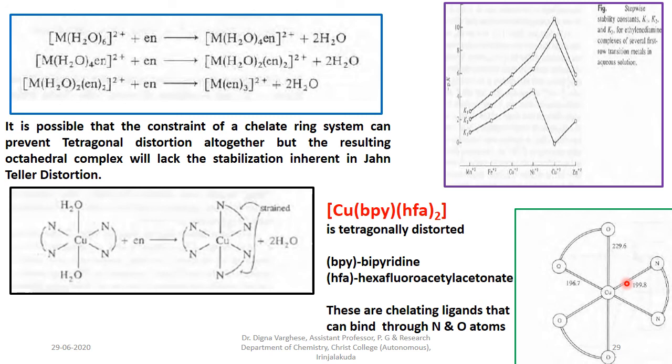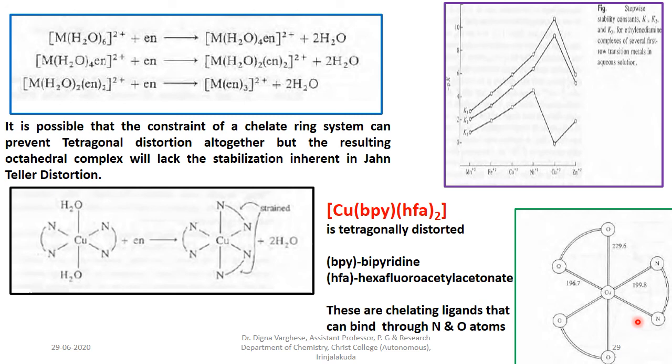The shorter distance is 199.8 picometer, that is approximately 200 picometer, and the other is 230 picometer. So the two remaining oxygen atoms form copper-oxygen bonds which are some 33 picometer longer than the shorter copper-nitrogen and copper-oxygen bonds.